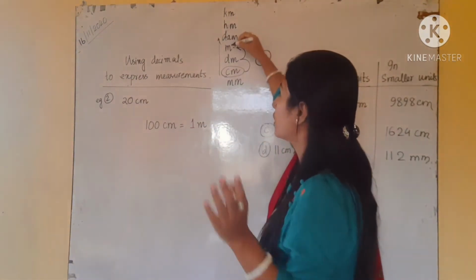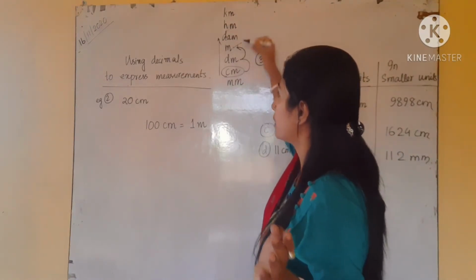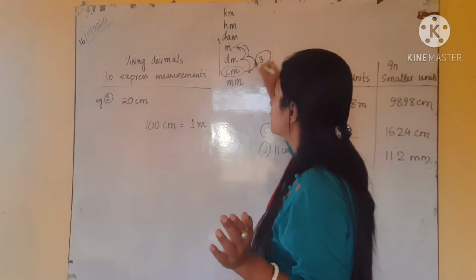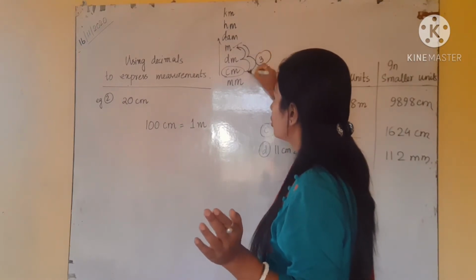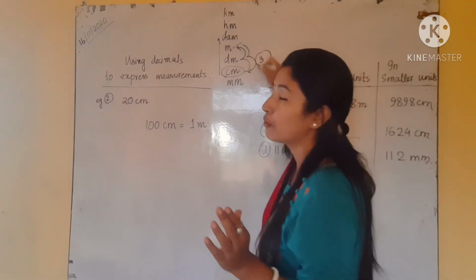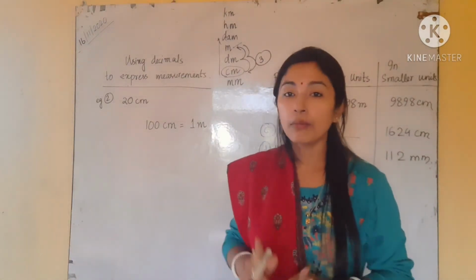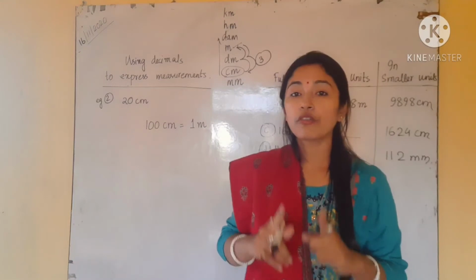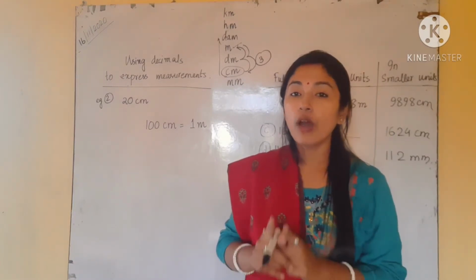And if you want to convert from meter to centimeter, then you have to come down. How many steps? 2 steps. That means you have to multiply with 2 tens, which is equal to 100.